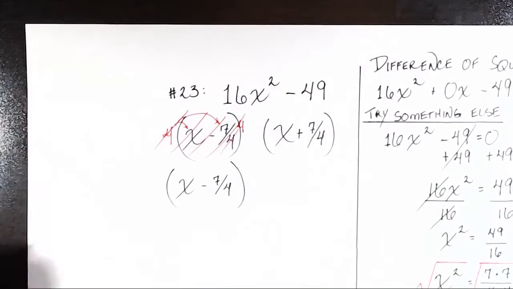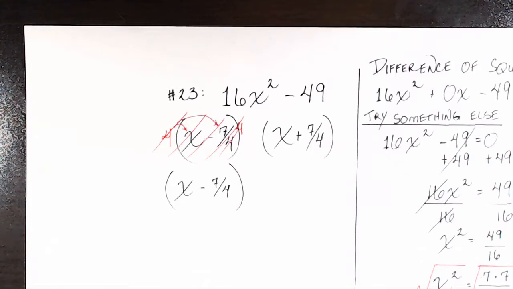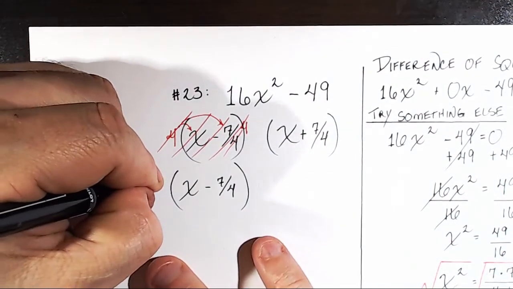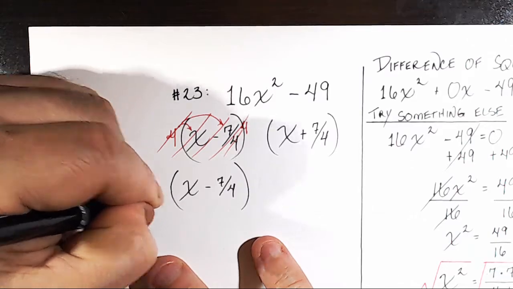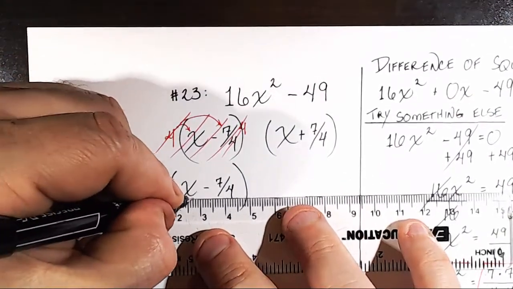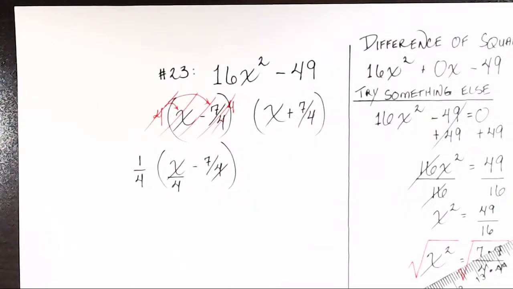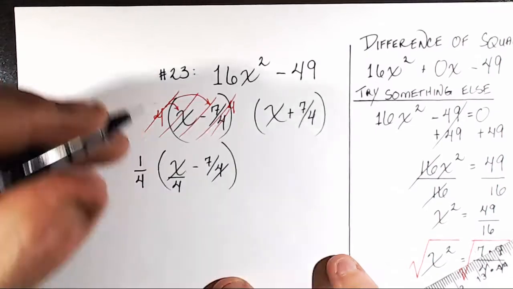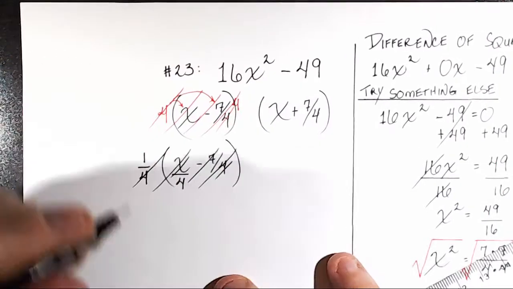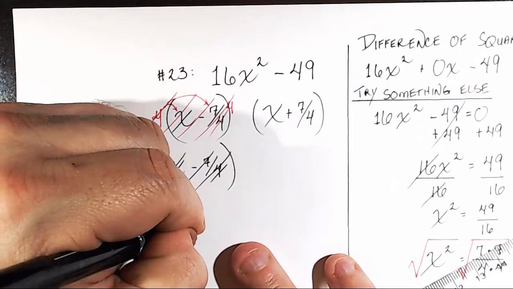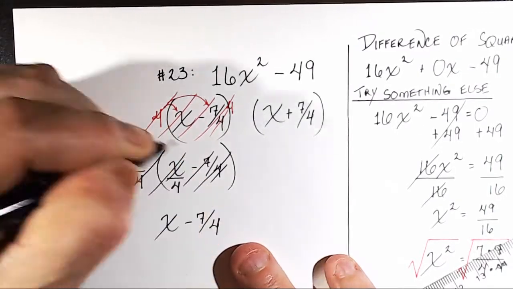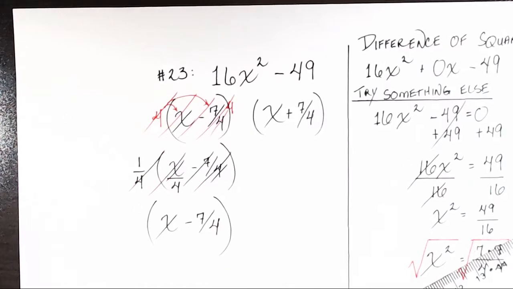If you try to pull out the 1/4, you will have a problem, because if you pull out a 1/4, you will leave behind a 4 underneath the x. So that's not going to work. Again, I'm trying to make a point here by not just providing the solution as though it is magic. What can I do?